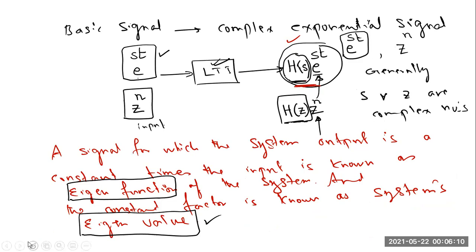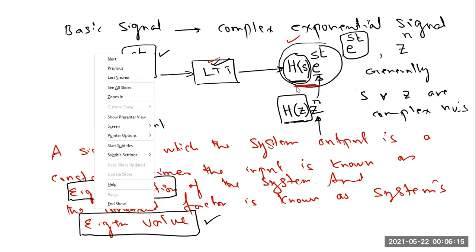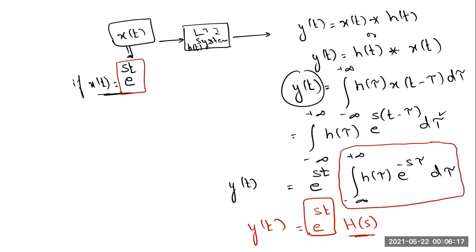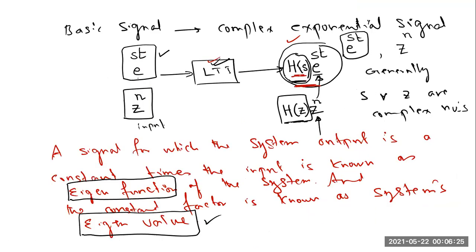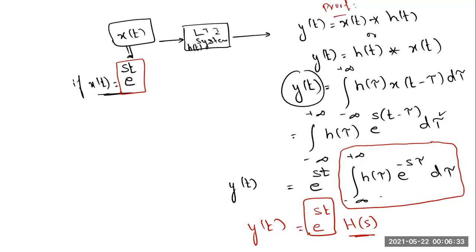I have proved this, that for LTI system, if input is e raised to power st, output will be like this. And this is the proof. And now you also know what this constant is. This is known as eigenvalue.